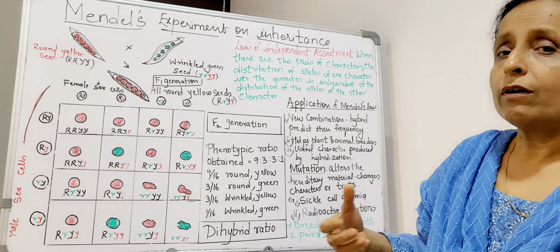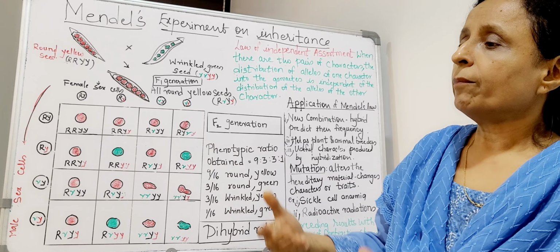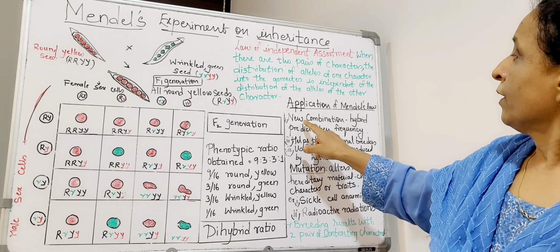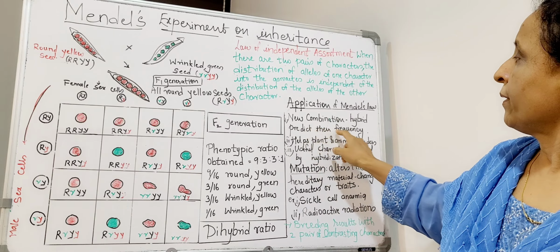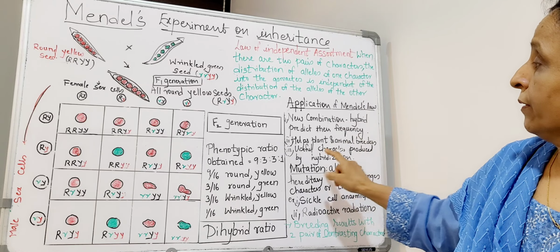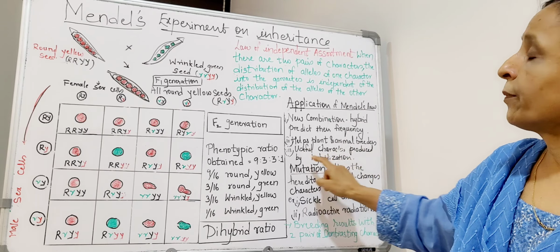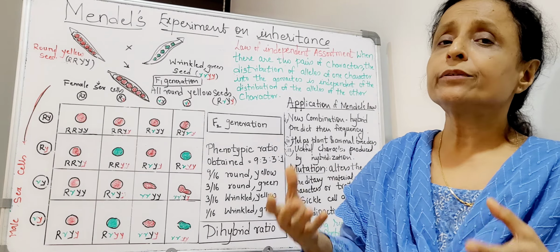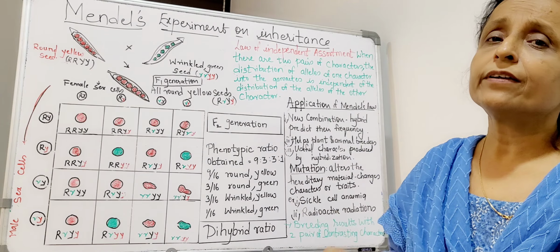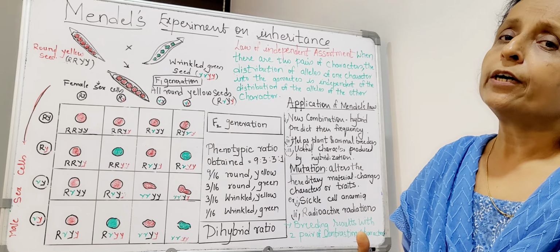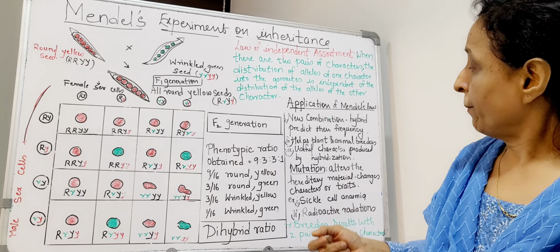I mean, the law tells you the probability of progeny having that character. New combination hybrids predict their frequency, which helps plant and animal breeders, useful characters produced by hybridization. So hybridization of plants and animals is done to obtain better quality plants and animals.